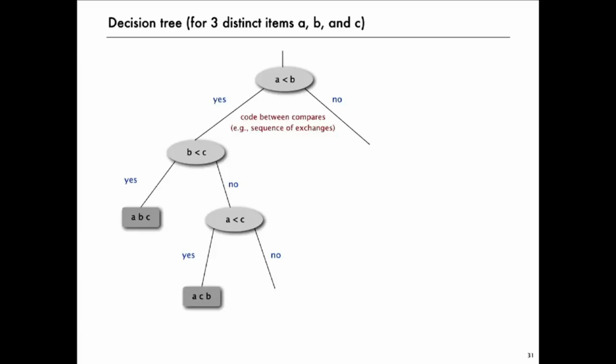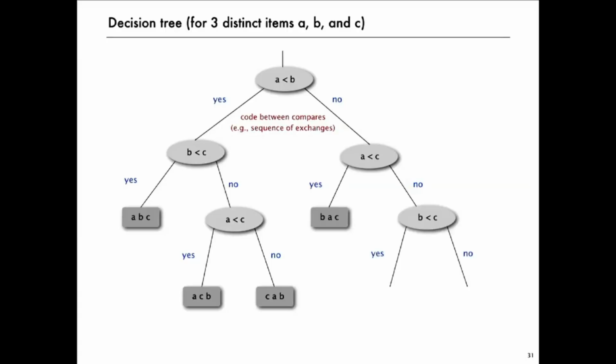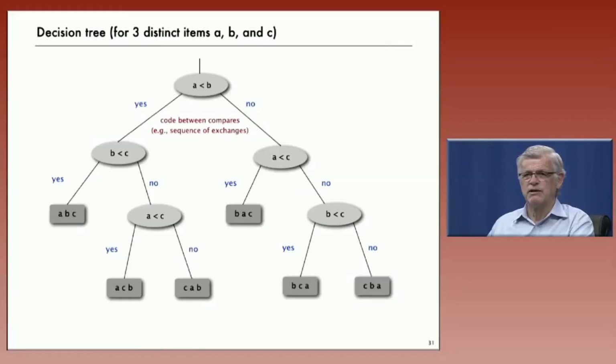In this case, if C is less than B and A is less than C, then those three compares show that the order has to be A, C, B. And if C is less than A, then it's got to be C, A, B. Those three compares, that C is less than A, C is less than B, and A is less than B, the only possibility is C, A, B. And continuing on the right, perhaps the next compare is A less than C, and maybe if C is less than A, another compare B less than C. So in this case, if you go from top to bottom in the tree, with three compares at most, you can determine the ordering of the three different items.